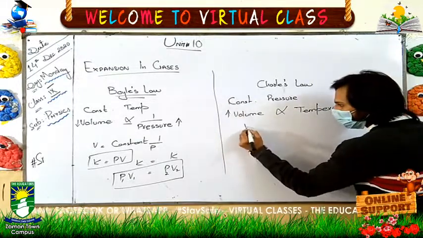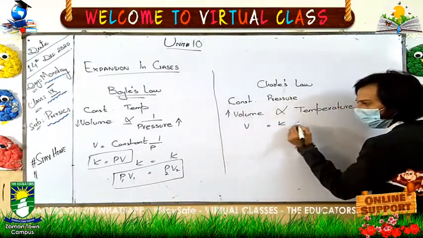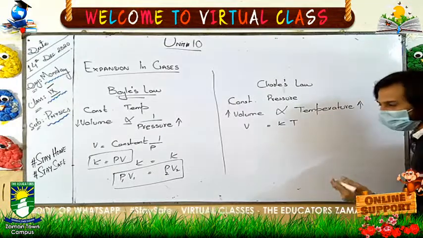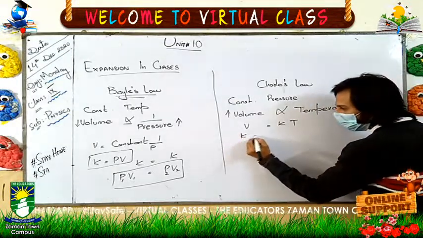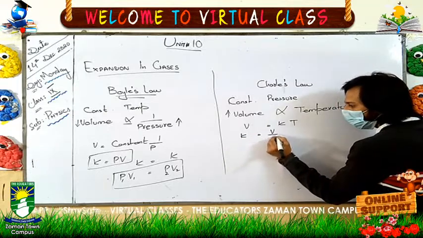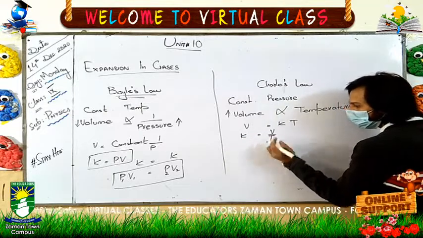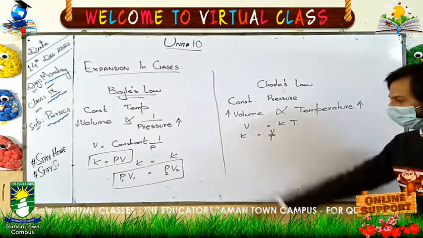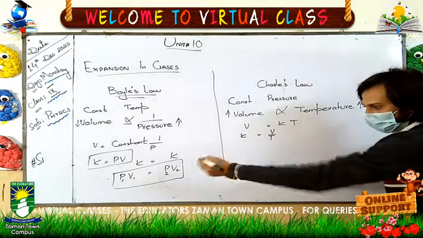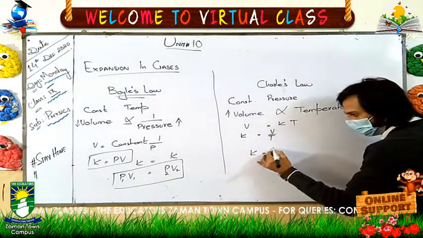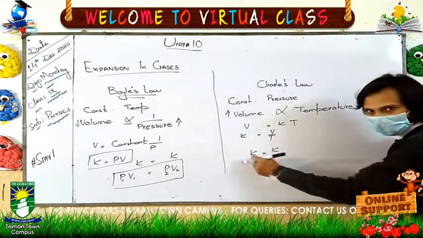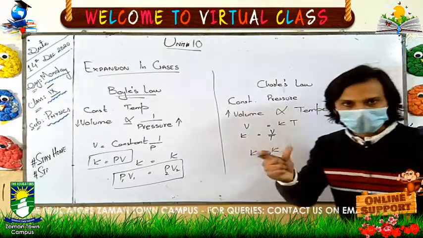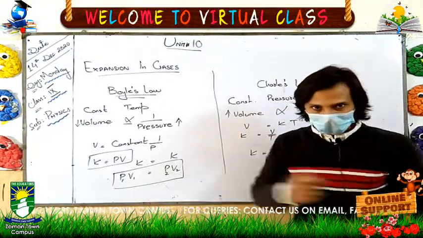Getting, class? So again the constant is k and this will become T, temperature. So if I want to find the value of k, it will be V upon T. Getting, class? So again if I want to write this in the form of initial and final, I am putting two constants, and these constants are equal because we are talking about the same gas, the initial and the final situation.